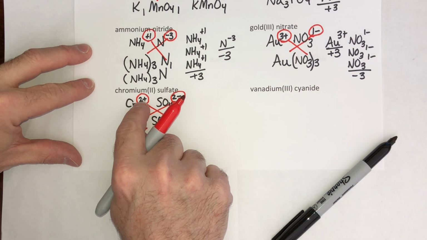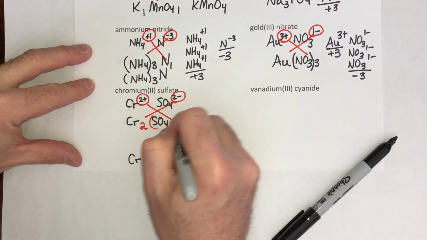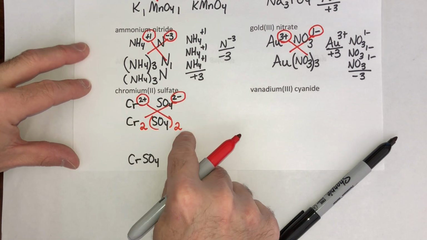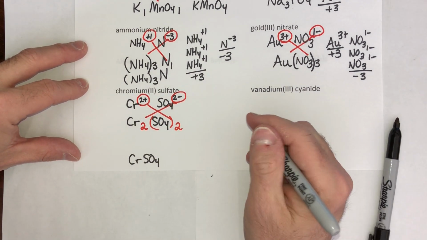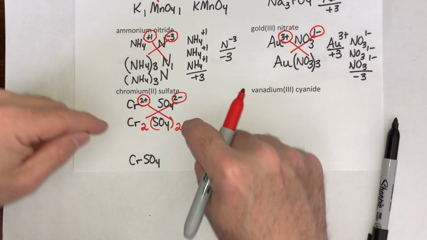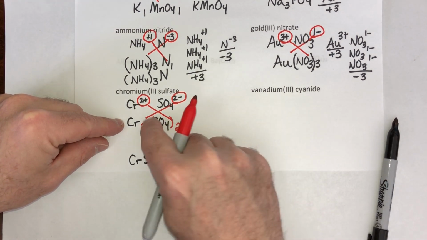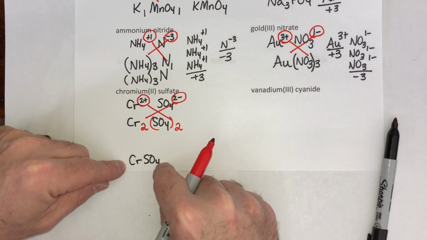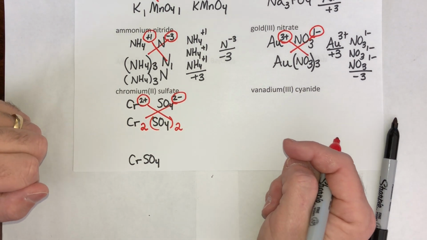Because the chromium is a 2+, that gives me 2 sulfates. 2 and 2. Now, we said in the earlier videos that you can't have 2 answers for the same problem. I can't say that the formula is Cr2(SO4)2 and that the formula is CrSO4. I can't have 2 right answers.